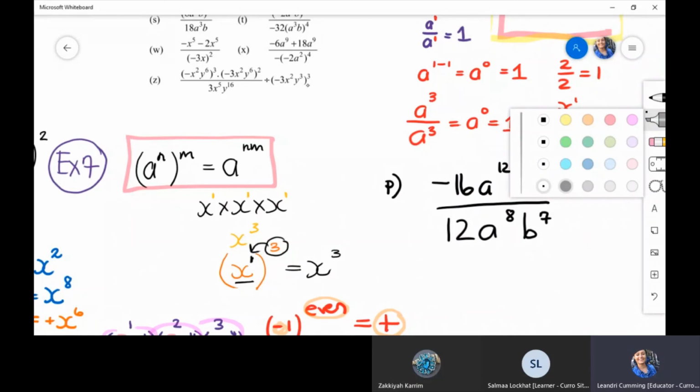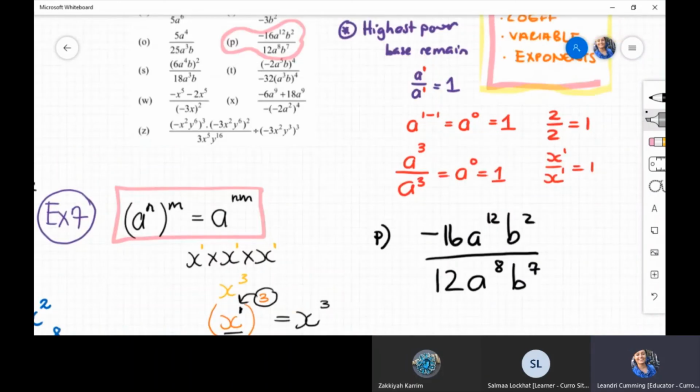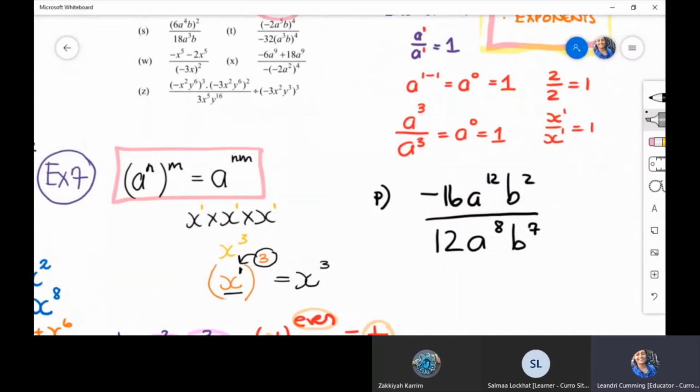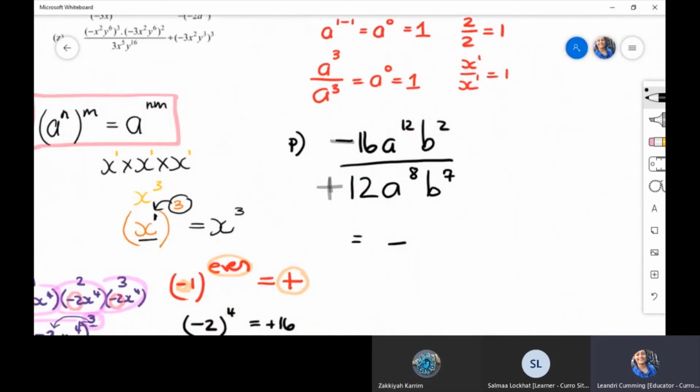I first look at my sign. My sign says a negative divided by a positive. The rule is a negative divided by a positive becomes a negative. I write my negative down and I draw my line.